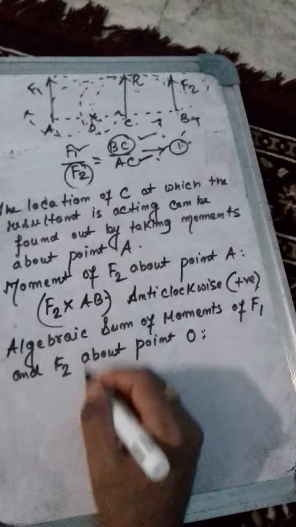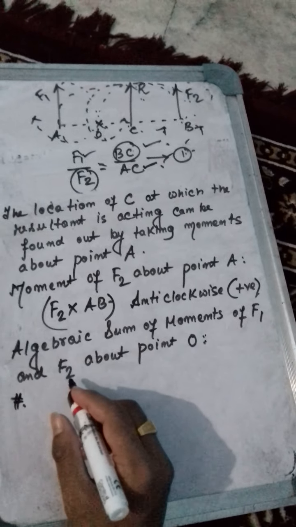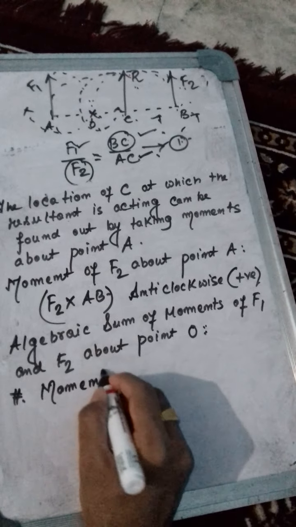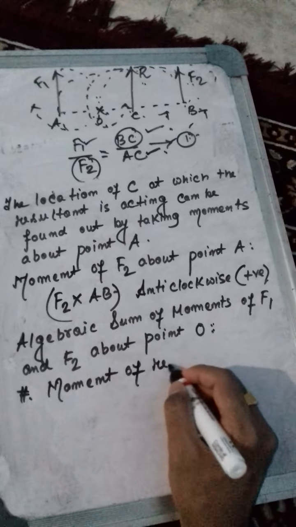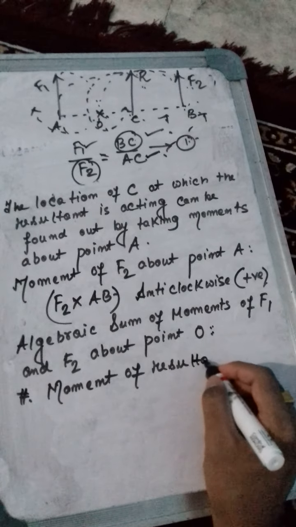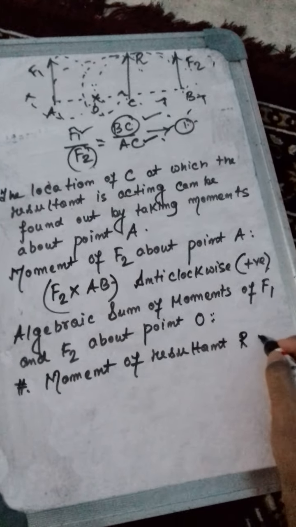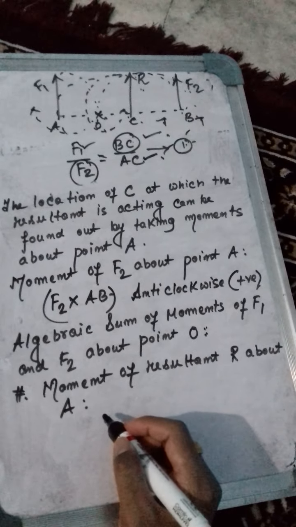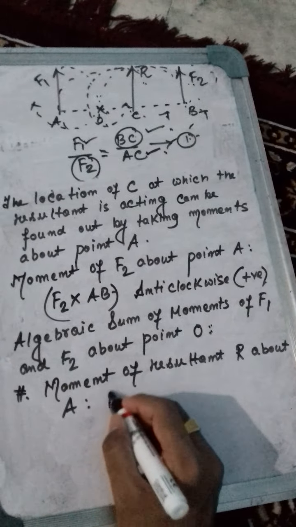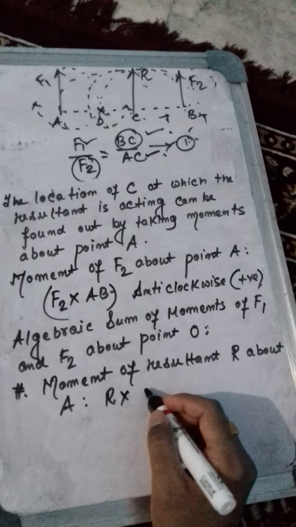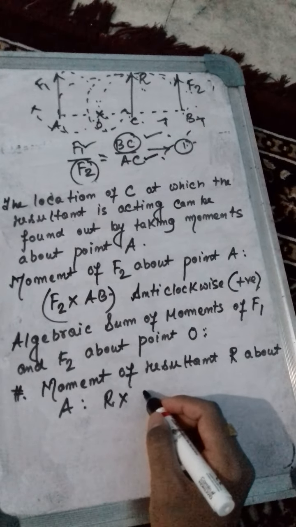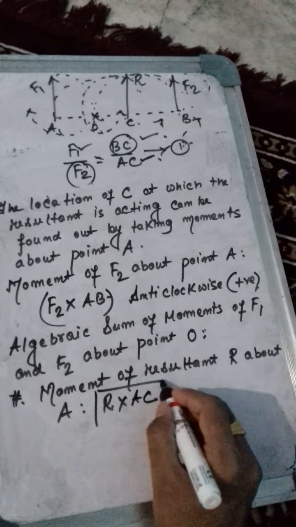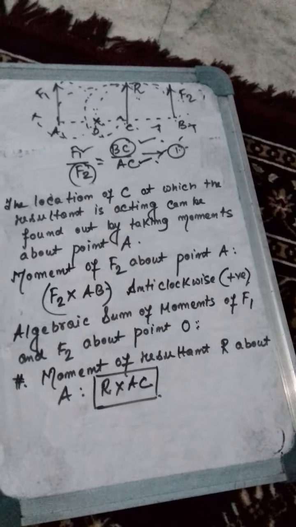Before this, let us see this thing, the moment of resultant R about A. The moment of resultant R about A is equal to R multiplied by the perpendicular distance. Perpendicular distance is equal to AC, R into AC.